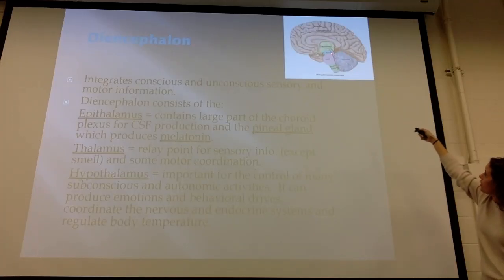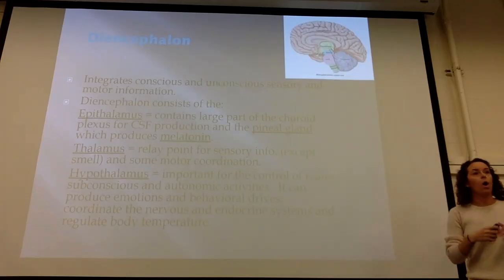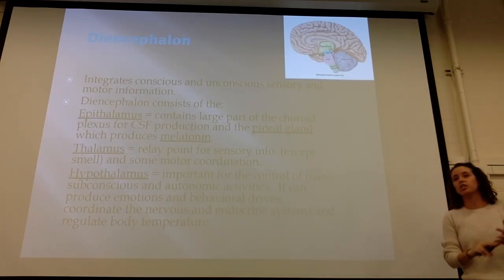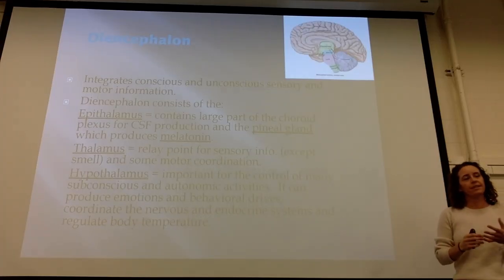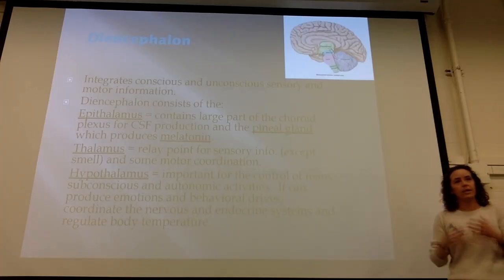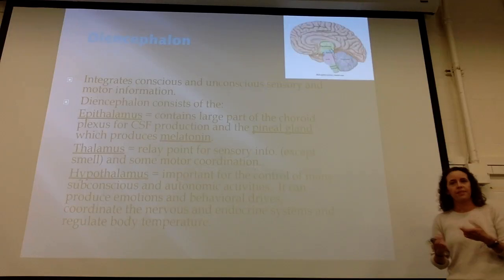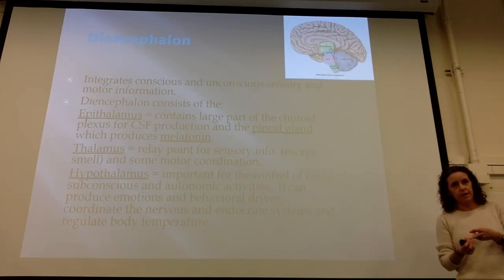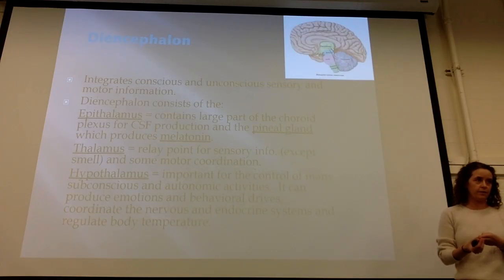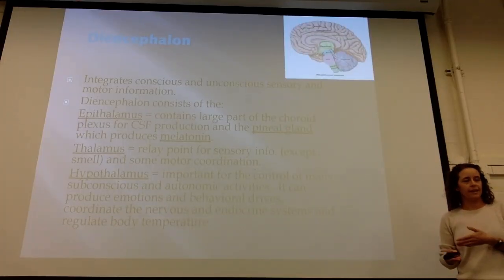This is an important area of the brain that integrates all sorts of information, conscious and unconscious information. We can break the diencephalon down into three smaller pieces: the epithalamus, the thalamus, and the hypothalamus. These are just areas within the diencephalon.